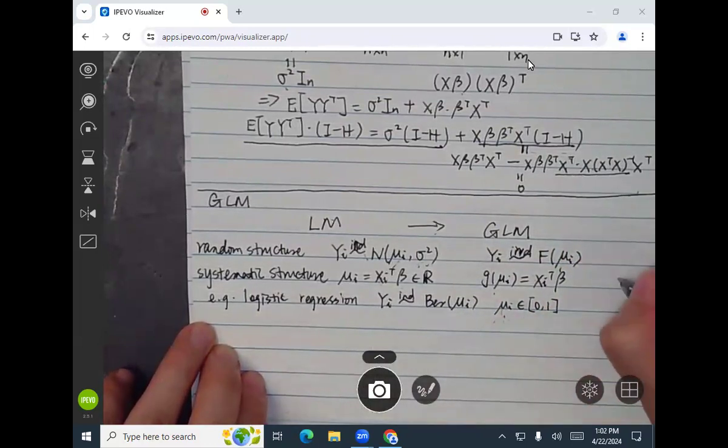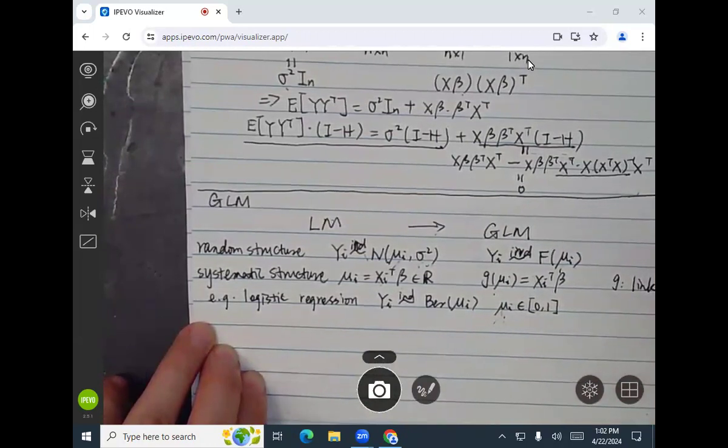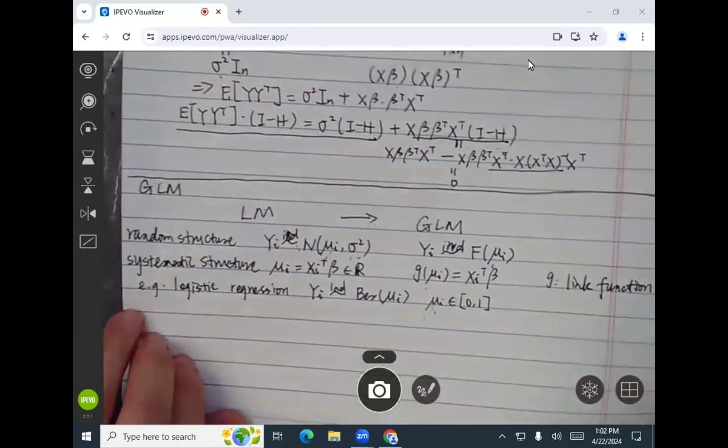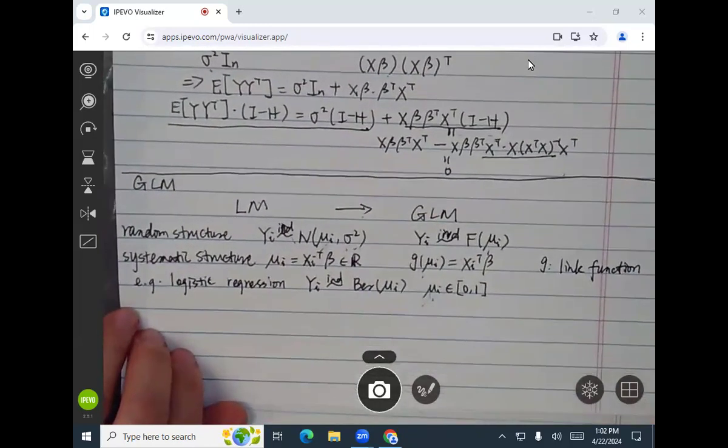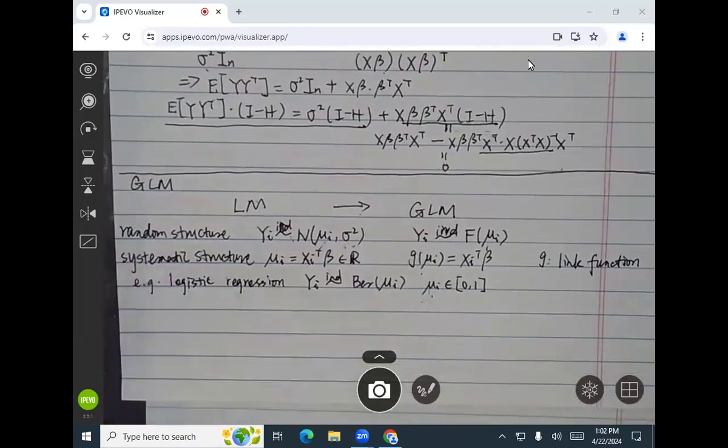And we give this g function a name. It's called the link function, which is a key concept in the generalized linear model. Specifically, the link function links the mean parameter of each observation y_i to the predictors as a linear function. So basically g of mu i after transformation is a linear function of the predictors.